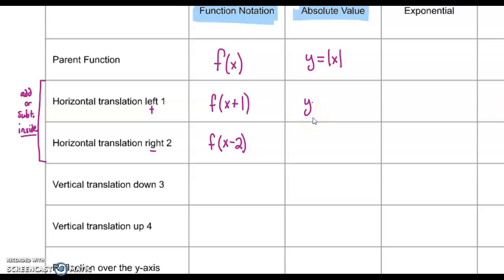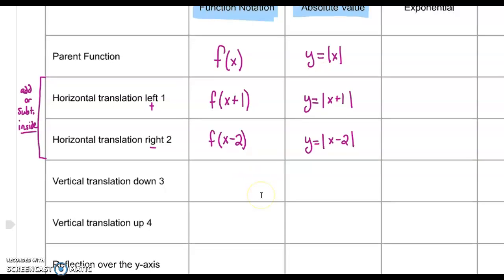It's going to be y equals, inside the absolute value bars, x plus 1. That means the absolute value is translated, or slid, to the left 1 unit. Right 2 is also inside the absolute value bars, and it means you slid it to the right 2, and remember that right is minus, so we do minus 2.